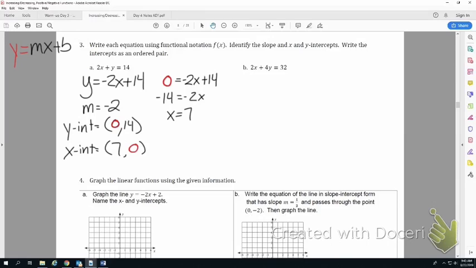Going to B, to get that into slope-intercept form, the first thing I would do is subtract 2x. And then do what? Divide by 4. I want you to find all the information from that equation on your own.